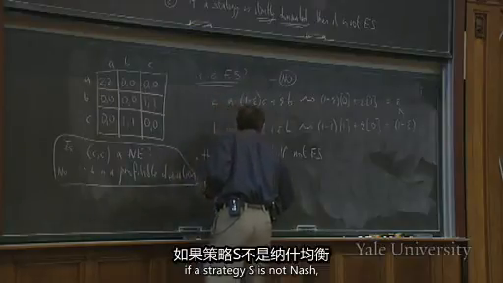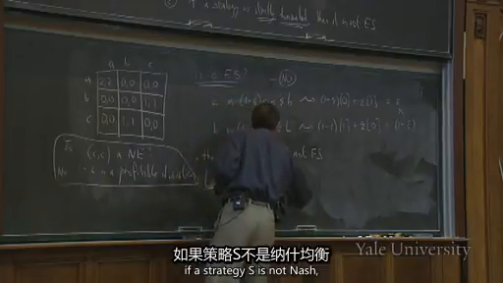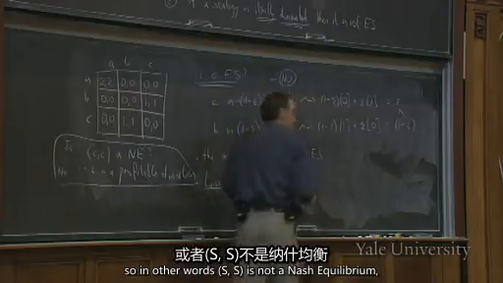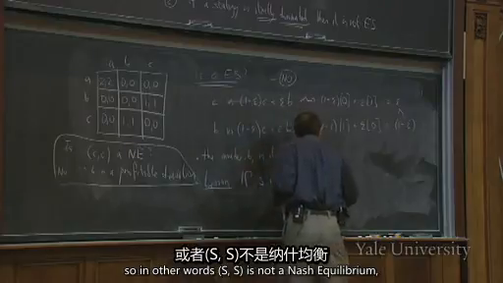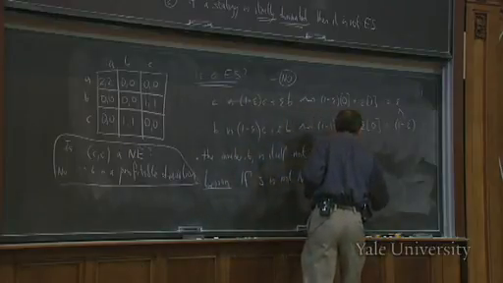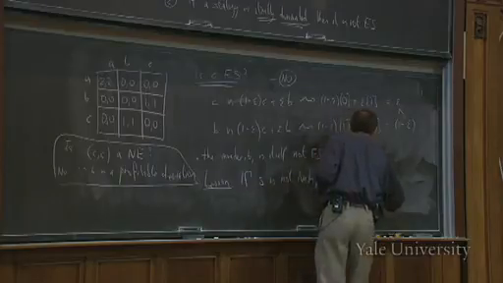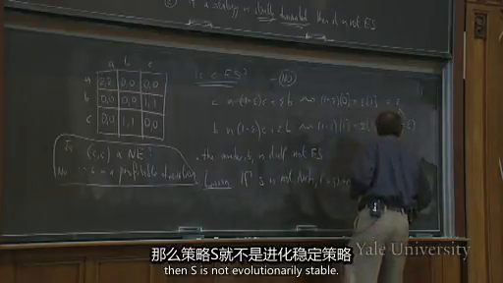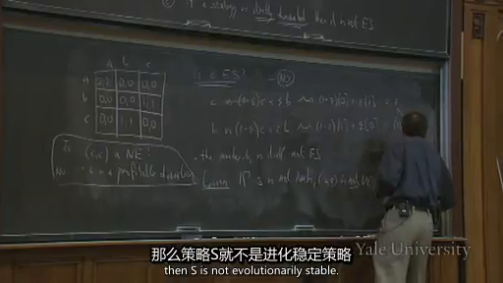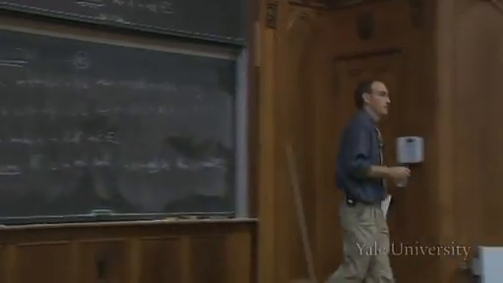If a strategy S is not Nash, in other words, SS is not a Nash equilibrium, then S is not evolutionarily stable. All right.